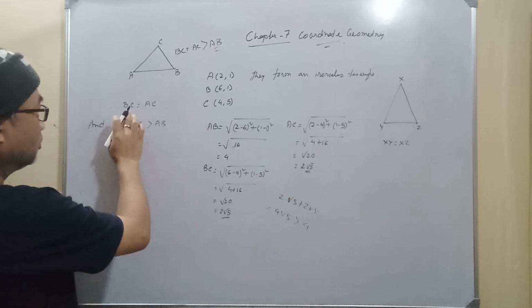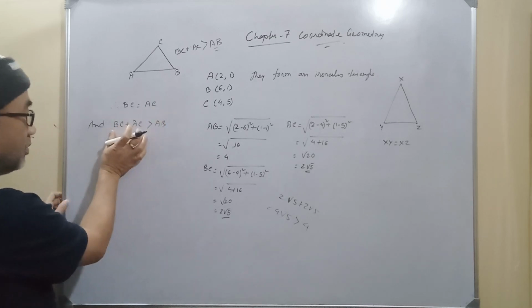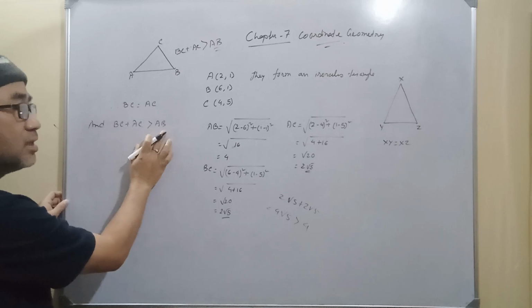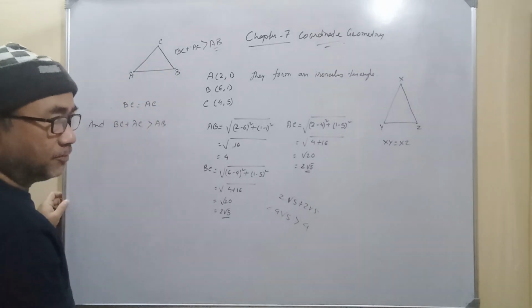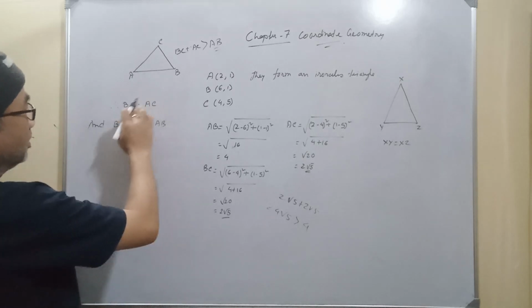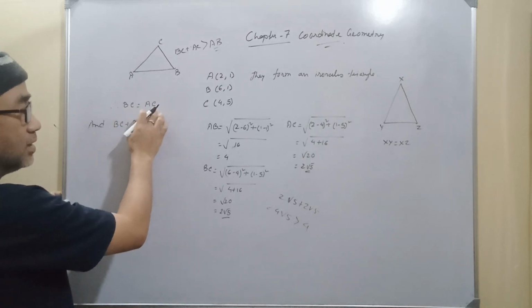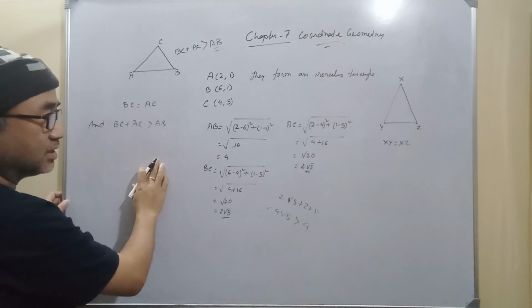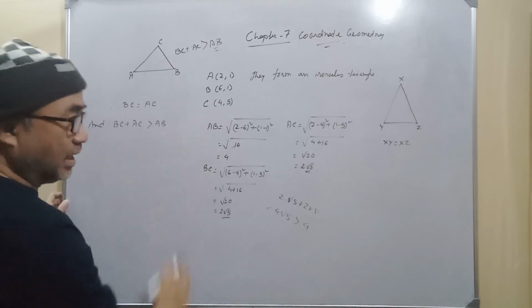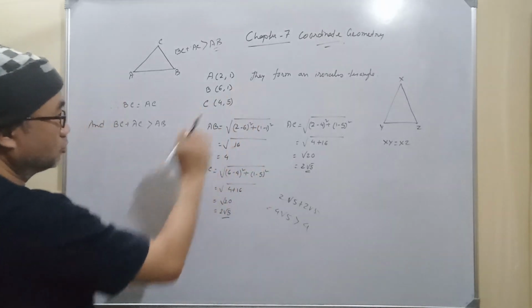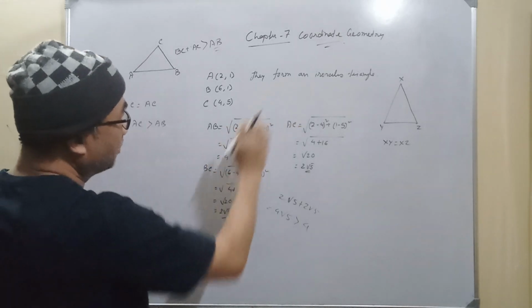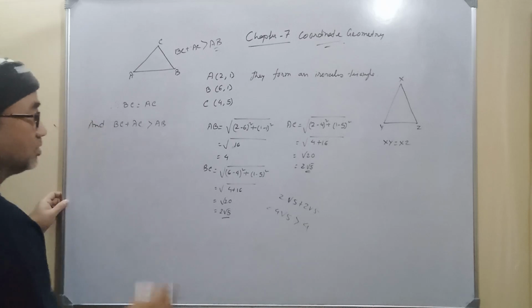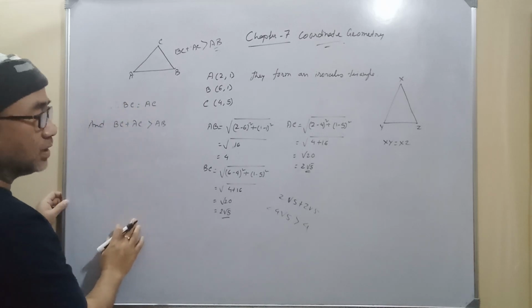So now we have two sides equal and the summation of the two sides greater than the third side. So it is definitely a triangle and the two sides are equal. We can say that they form an isosceles triangle because it forms a triangle, of course, and they also form an isosceles triangle because the two sides are equal.